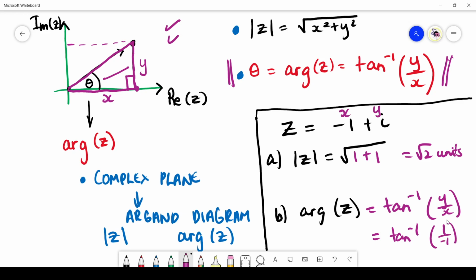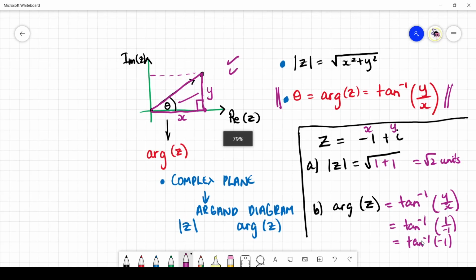Now, the thing is, when you're dealing with arguments, there's 3 special cases that I need to show you guys, right? So for this example over here, you're going to get tan inverse of -1, obviously. Let me just minimize this for a second here.